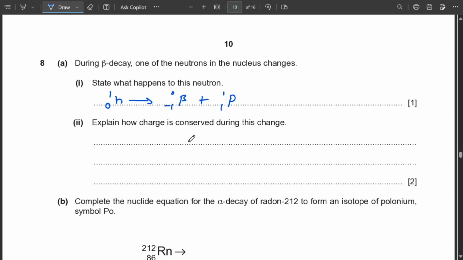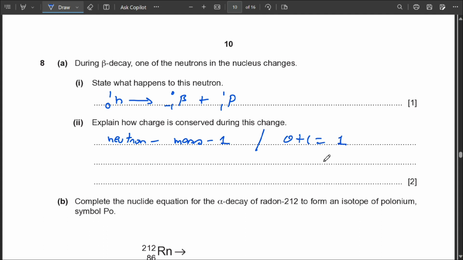Now, second part: explain how charge is conserved during this reaction. The neutron has mass number 1, and the total mass on the right hand side, beta and proton, is 0 plus 1, that is 1 only.